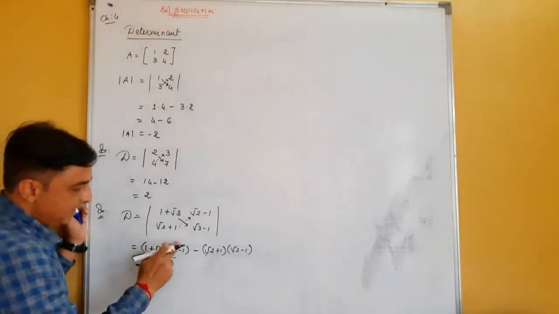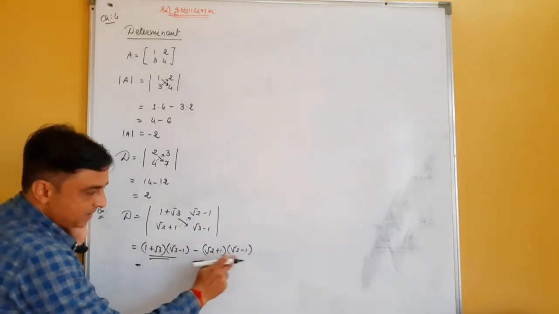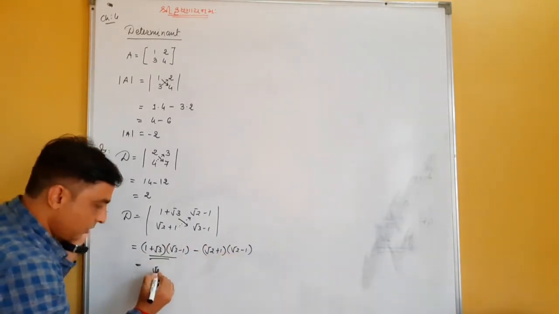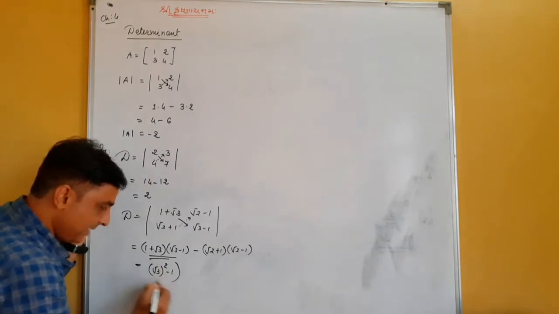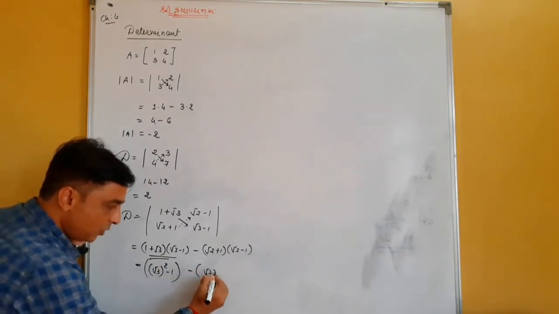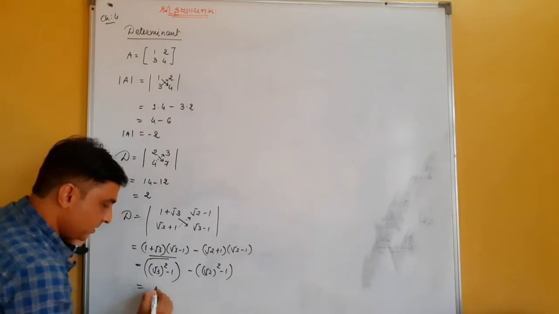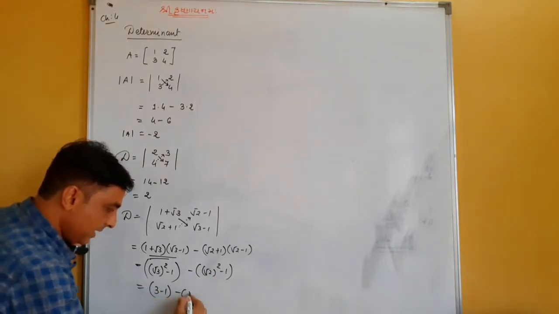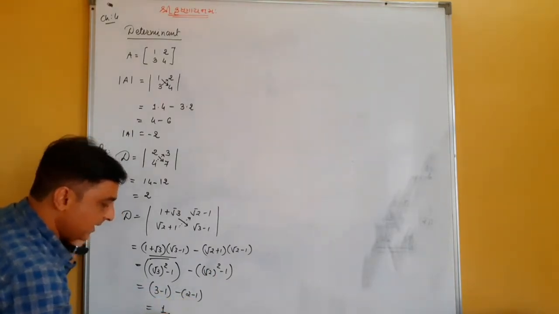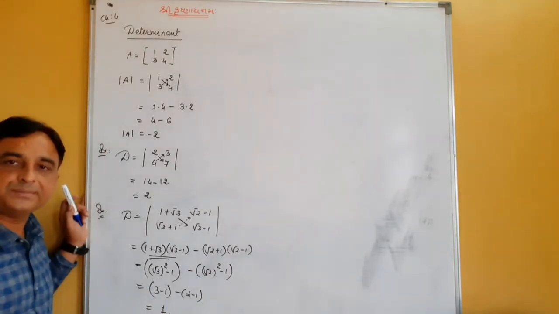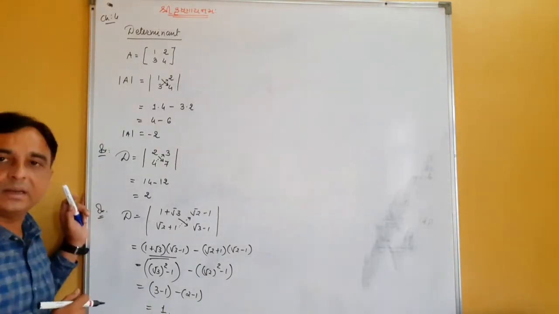Product of this: a minus b, a plus b, a plus b, a minus b. So root 3 squared minus 1, minus root 2 squared minus 1. That is 3 minus 1 minus 2 minus 1. Answer is 1. This is the determinant.